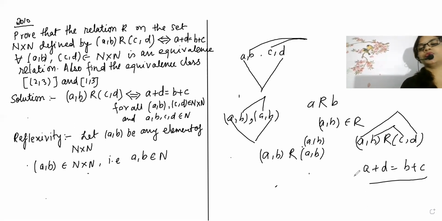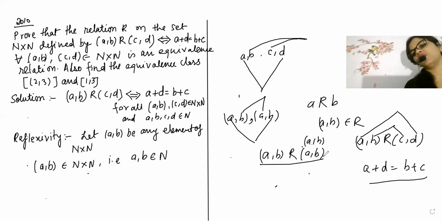Now you have to prove that this is related. How are you going to write that it is related? So now we know (a, b) belongs to N cross N, that is, a and b are elements belonging to the set of natural numbers.